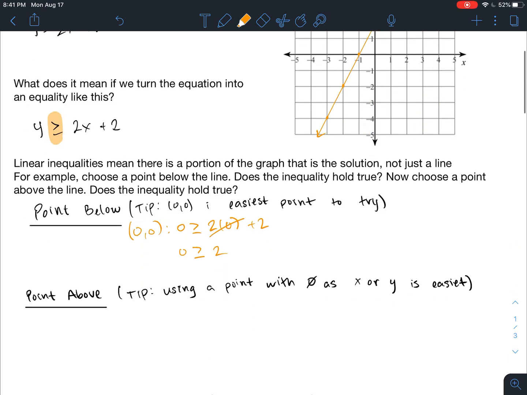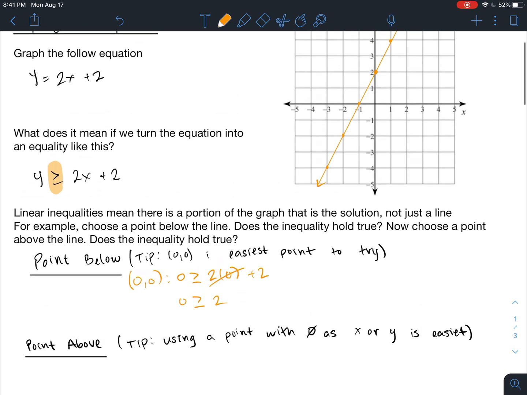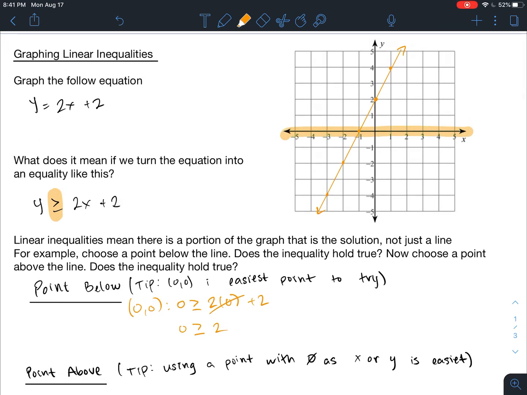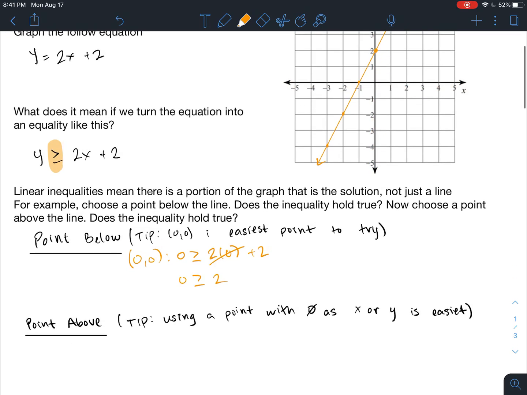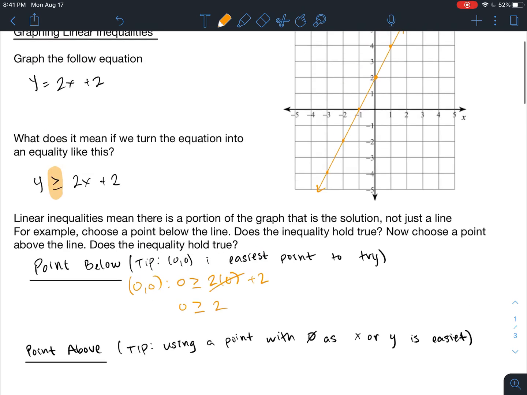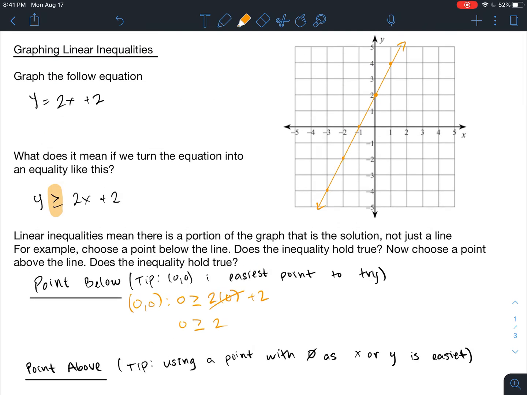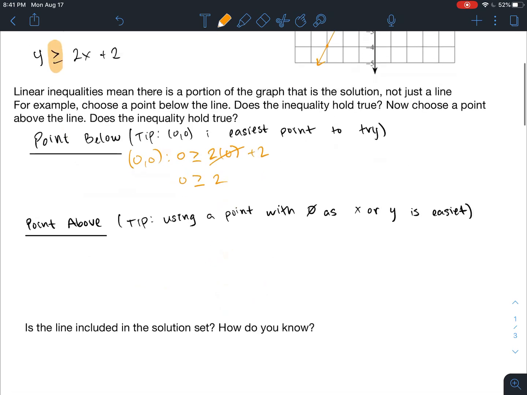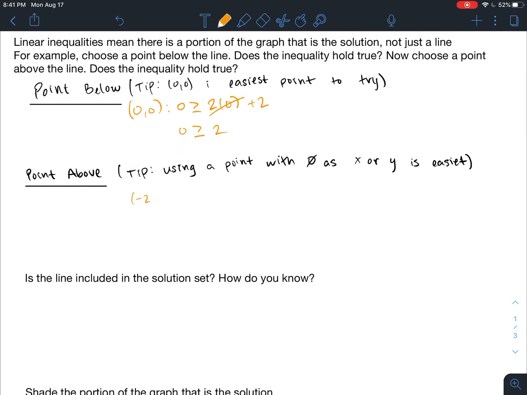Now let's try a point above the line. If you're going to test any points, I always like to test points that are on the x and y axis, because that way we have a 0 and it's easy to plug a 0 into an equation. So let's try plugging in negative 2, 0, so x is negative 2, y is 0.